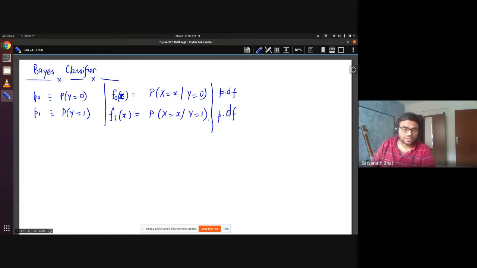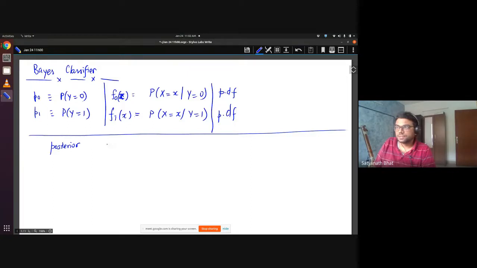If it is continuous, and this is how you have it, what you will want to do is estimate the posteriors. The posterior is basically represented as q0 of x and q1 of x. Q0 of x is the probability that y is equal to 0 given x is equal to small x.